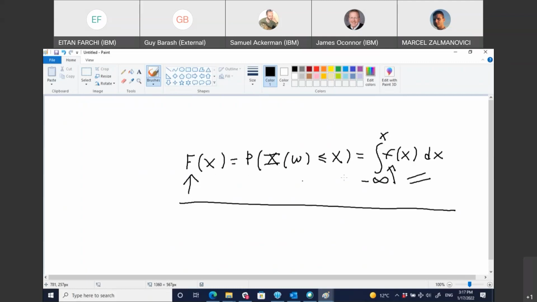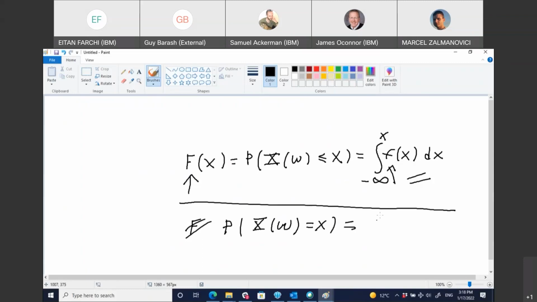And in fact, the probability of any one point then becomes 0. What's the probability of the random variable getting an exact value in the continuous case?